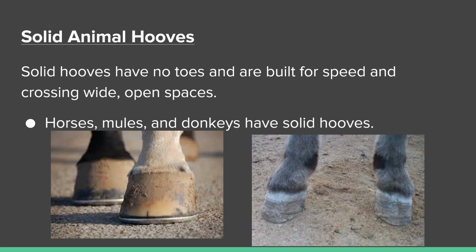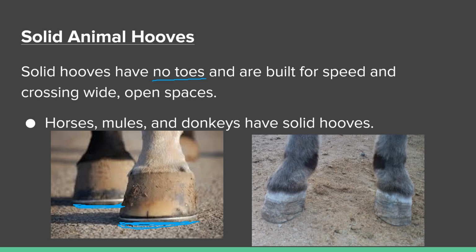And then solid hooves. Solid hooves have no toes. It's just 1 solid chunk all the way across. And these are built for speed and crossing of wide open spaces. This 1 flat solid surface works almost like a runner's block for a track star, or a track runner. It helps them to push off, like a push-off block. Okay.